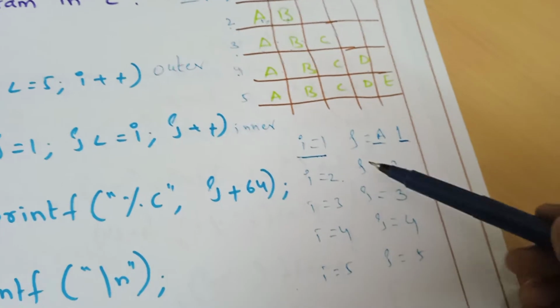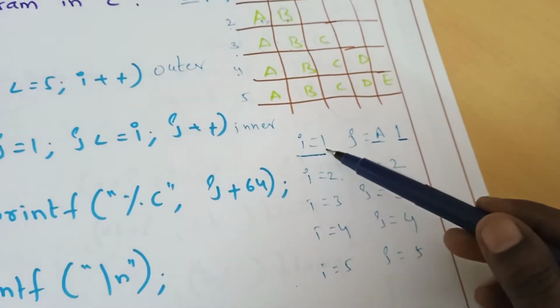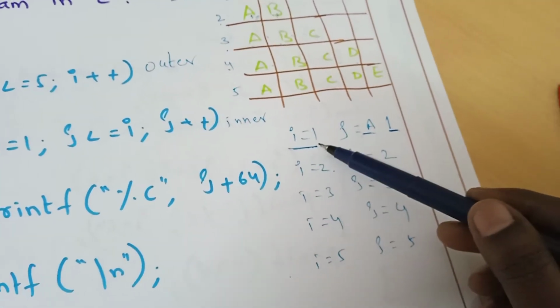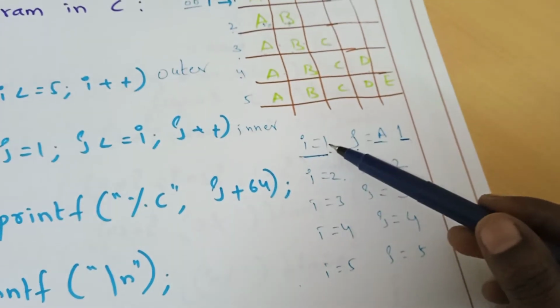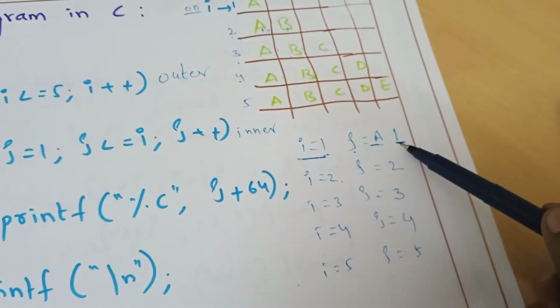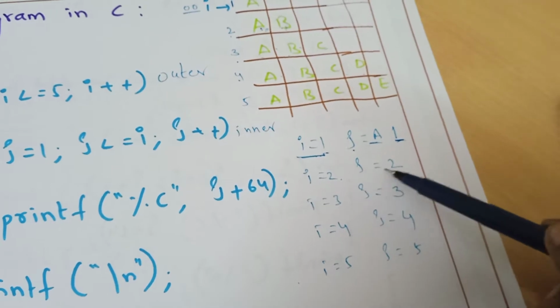Now this is the logic. I value is directly proportional to J. I value is 1, J is also 1. I value is 2, J is 2.